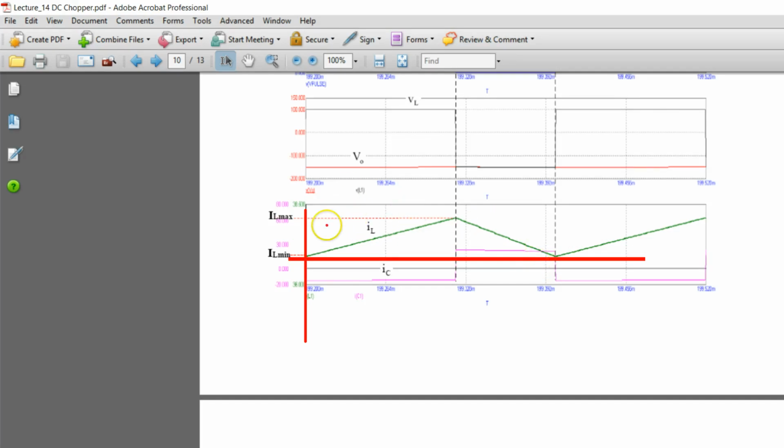So IL min will be equal to 0. This is the boundary. At the boundary, you can see that the IL touches the 0 level and then it rises again. So this is the boundary between continuous and discontinuous current operation.